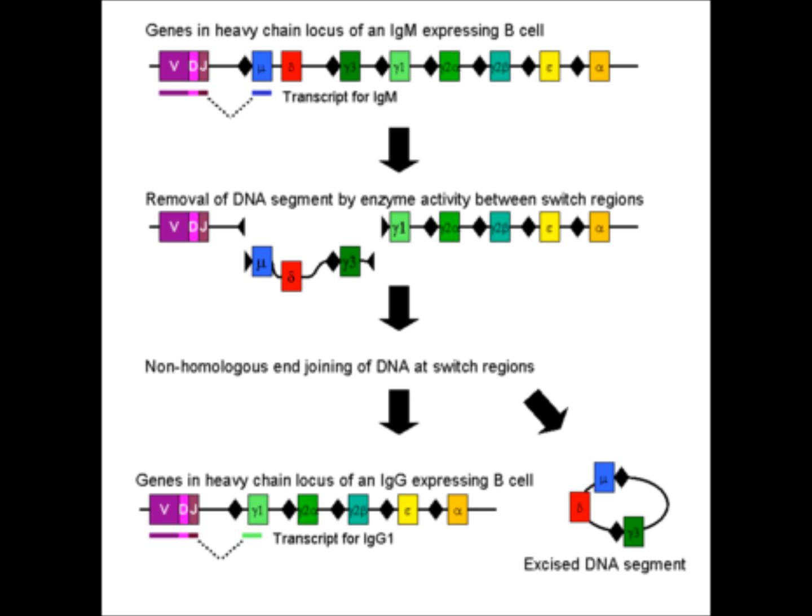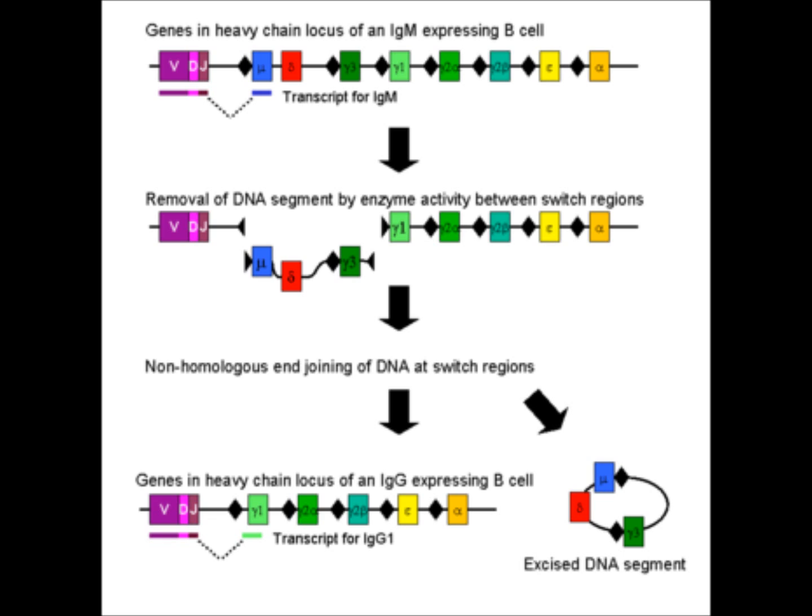Transcription initiated upstream of the rearranged VDJ segments will produce alternatively spliced mRNA transcripts that generate either IgM or IgD heavy chain proteins. After translation, the functional IgM and IgD proteins associate with light chain proteins and become expressed on the cell surface.